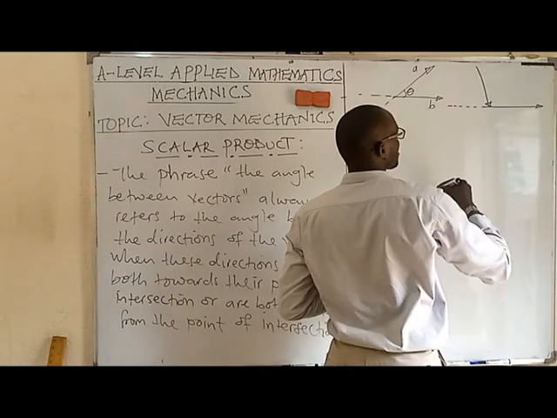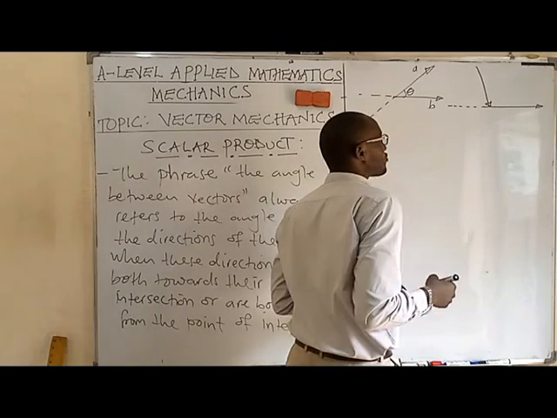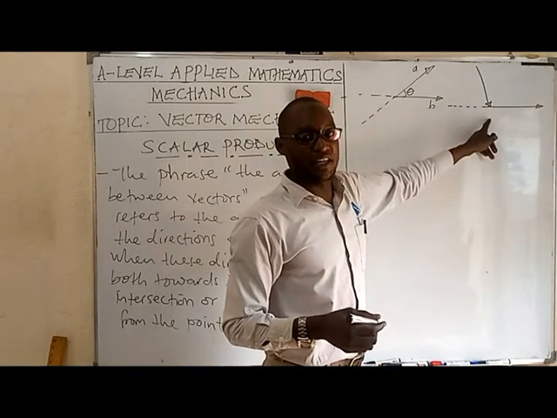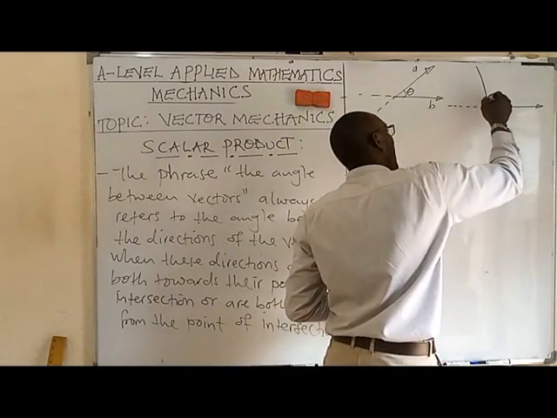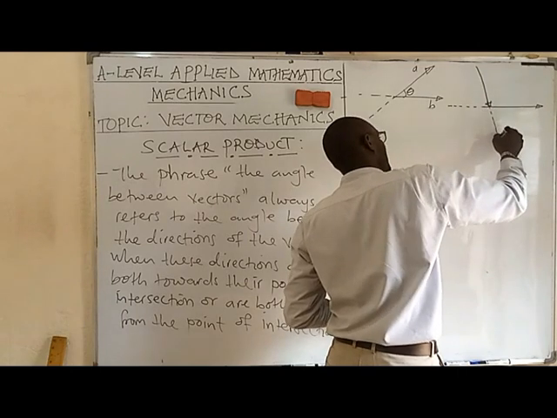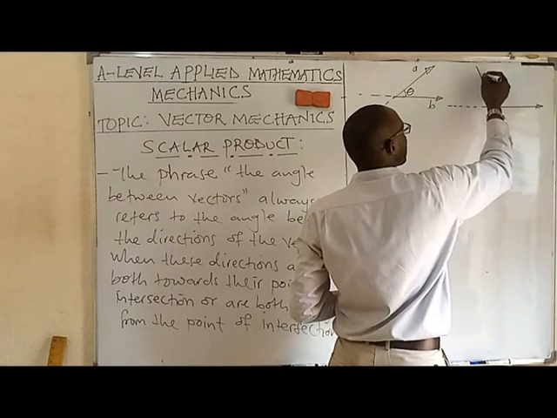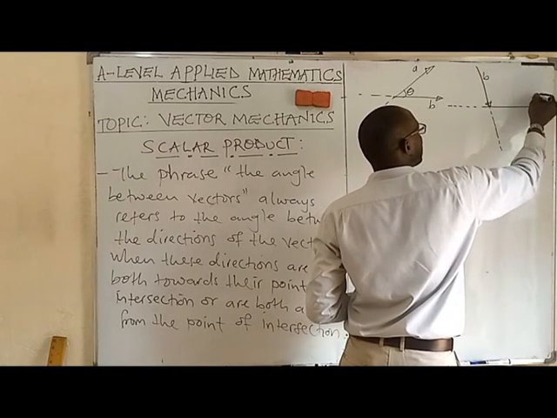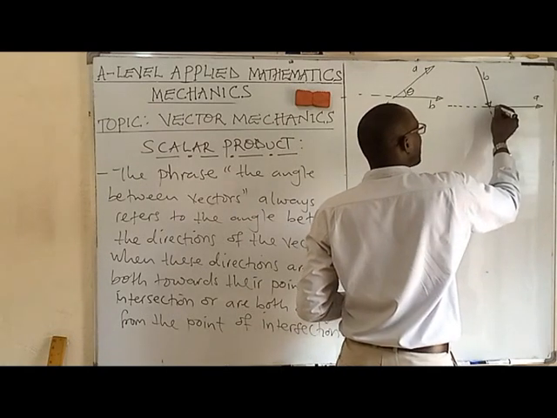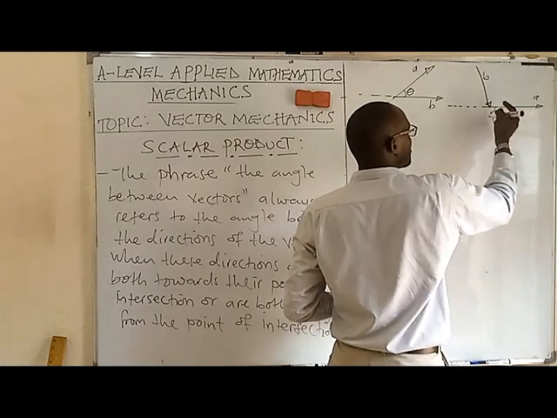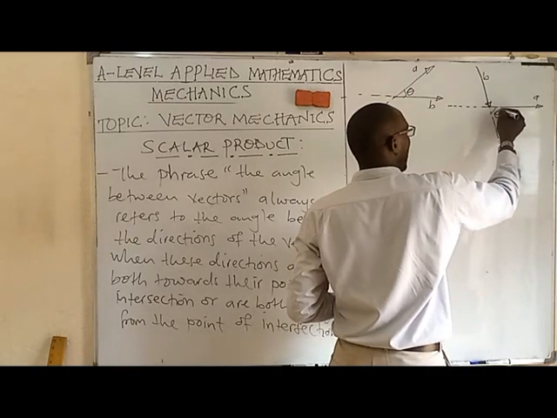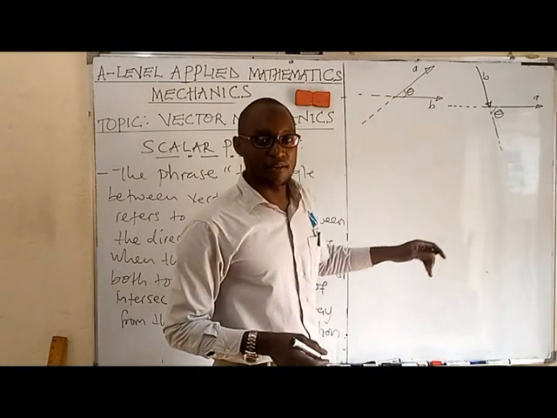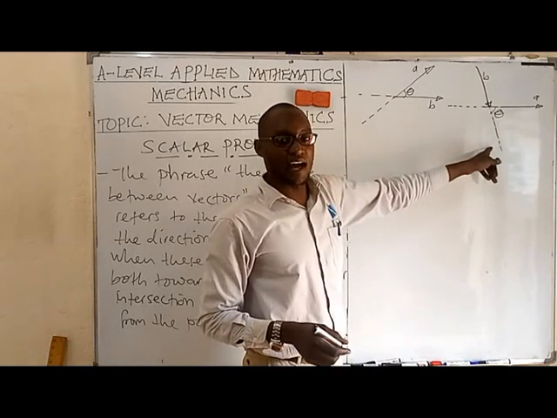This is the line of action of that vector. So what is the angle we mean here? We can push this direction for this vector, assuming this is vector B and this is vector A. So the angle between A and B is not going to be this. It is going to be this angle. Have you seen that?